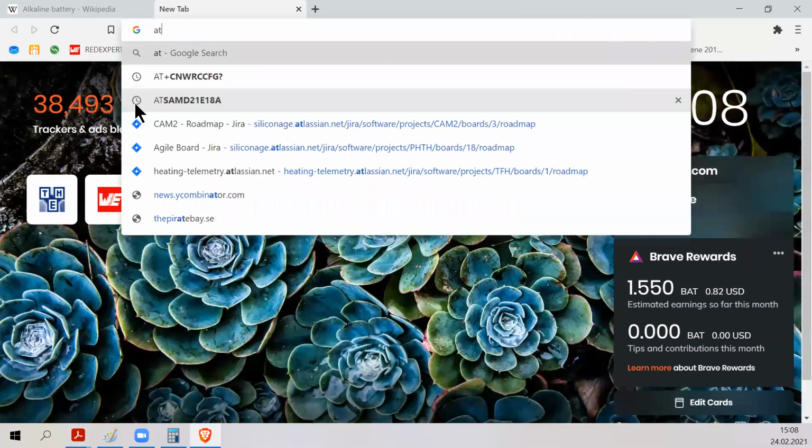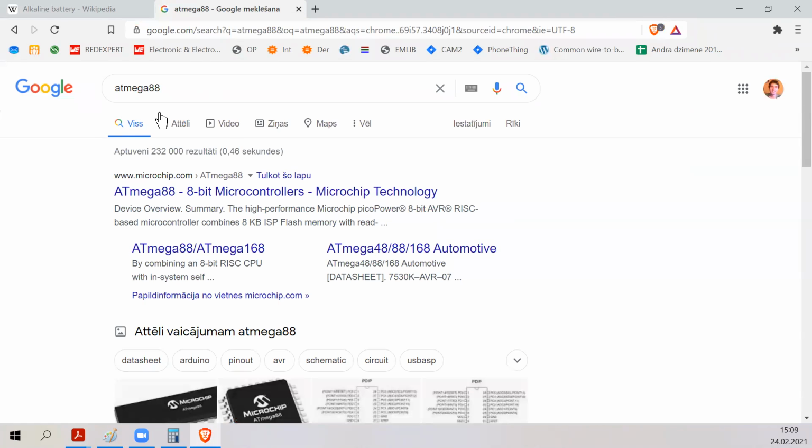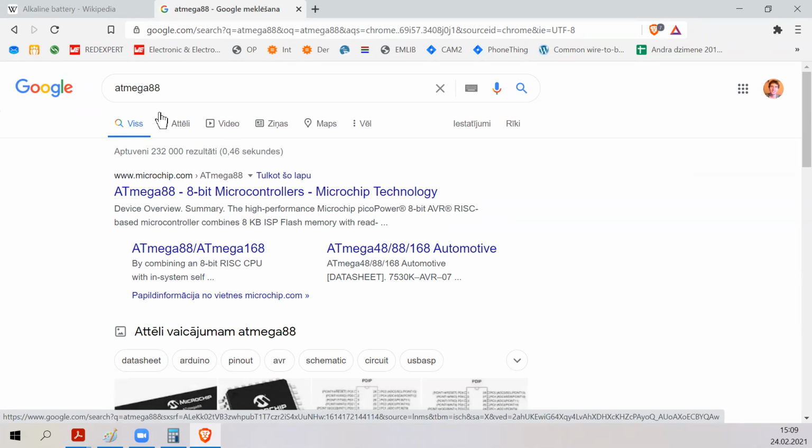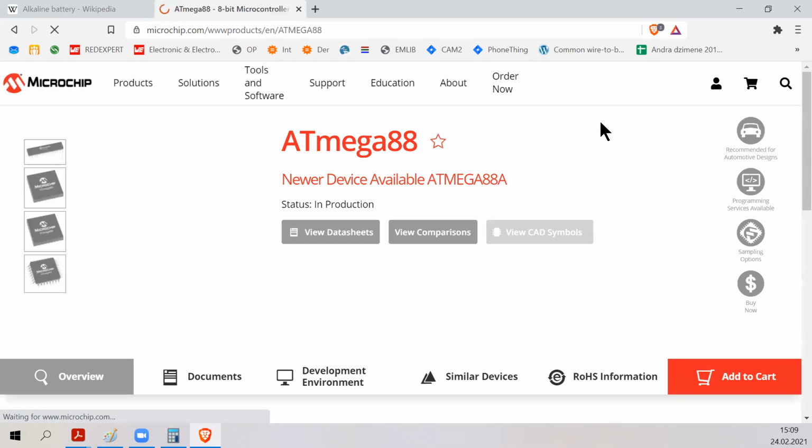So ATmega88 is a microcontroller from AVR, which became very popular in years 1995 and 1996. And it's basically the heart of Arduino. Arduino started from this microcontroller, basically. And it's still used in many devices, even though it's really old.